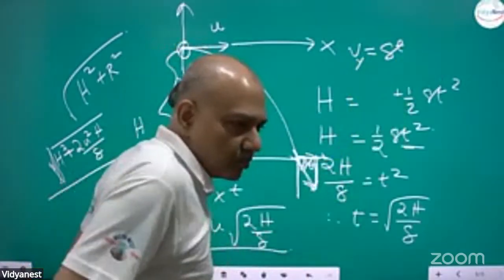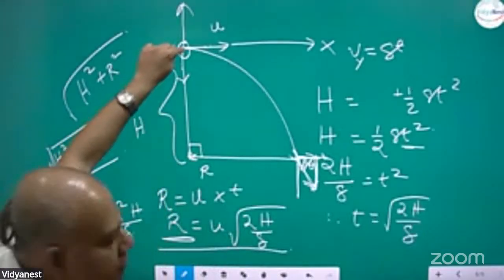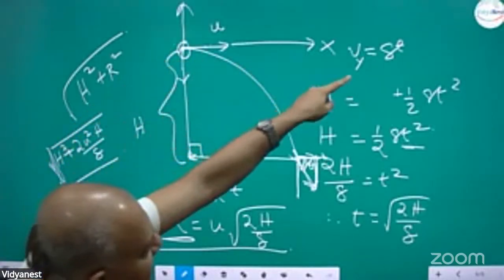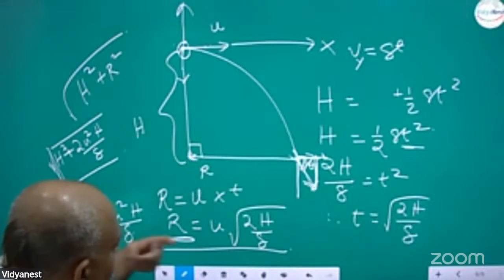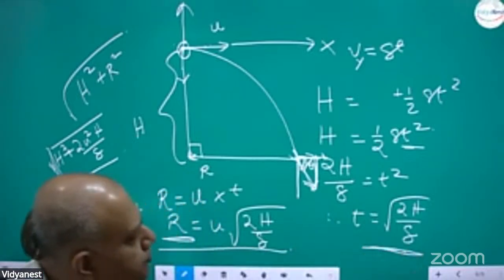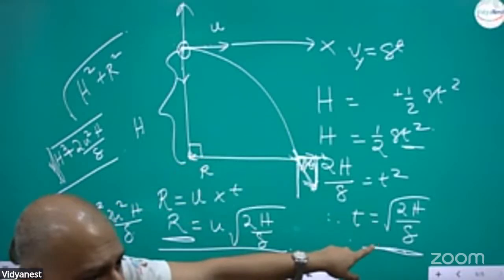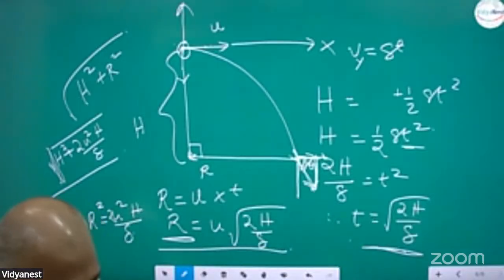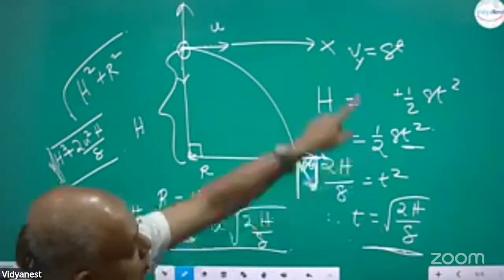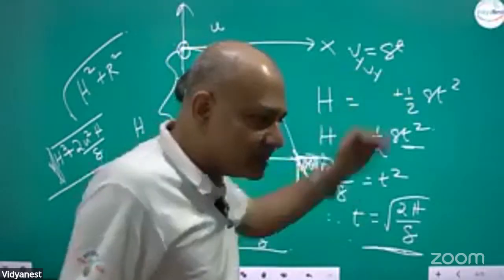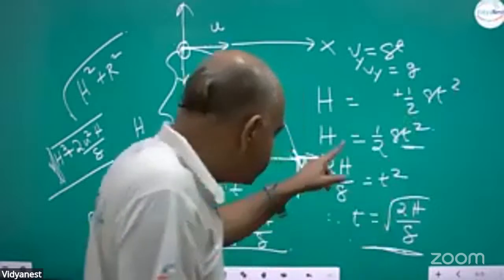Because v is equal to u plus gt, with u 0, the vertical component initially 0, so Vy is equal to g into t, and we already know the time. The time when it is going to come to this position, that time we already found. Yes, sir. Ayush, understanding my point? Yes, sir. Right, very good. So we're going to put the time there. Vy, velocity along the y-axis, is going to become g into this time.